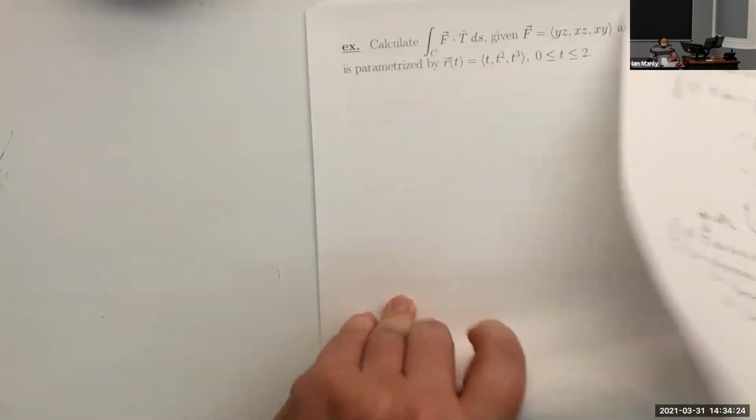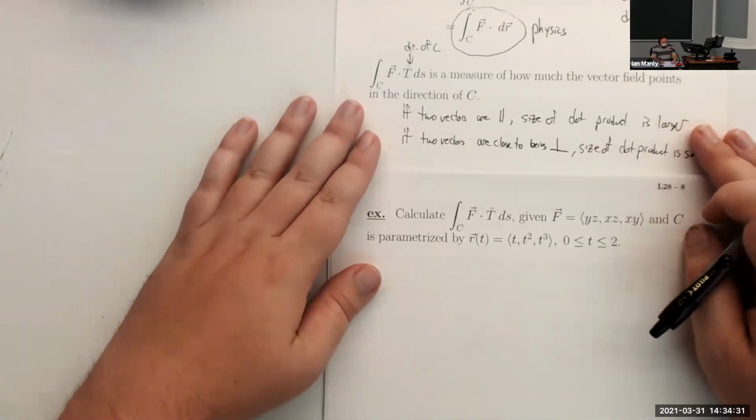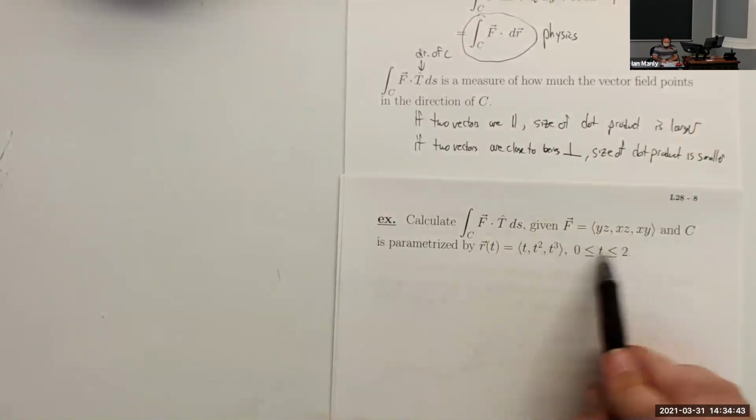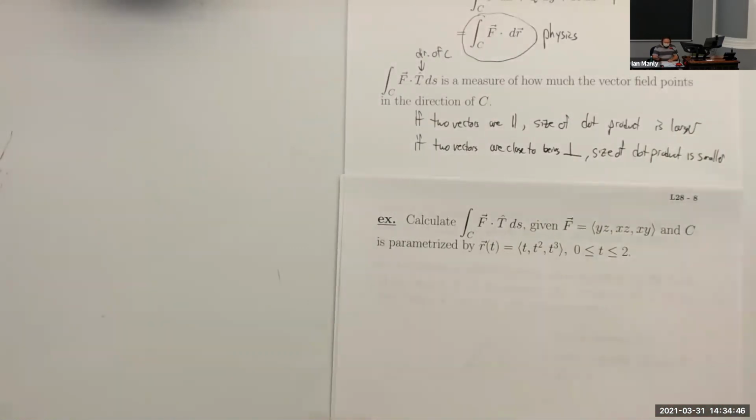All right. Well, enough talking about what this is. Why don't we actually go ahead and compute it here? So calculate the vector line integral here, given that our vector field is yz, xz, and xy, and C is parameterized by this curve t, t squared, and t cubed, from t going from 0 to 2 here. All right, well, let's see here.